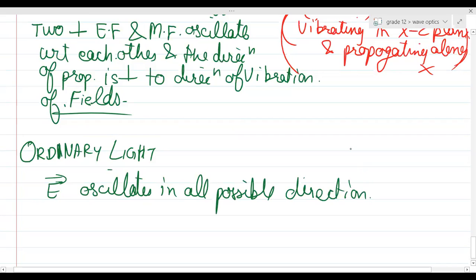It is traveling along x only, but that plane is not necessarily xy only. It can be any plane which is perpendicular to the x-axis, in all possible directions perpendicular to its direction of propagation.